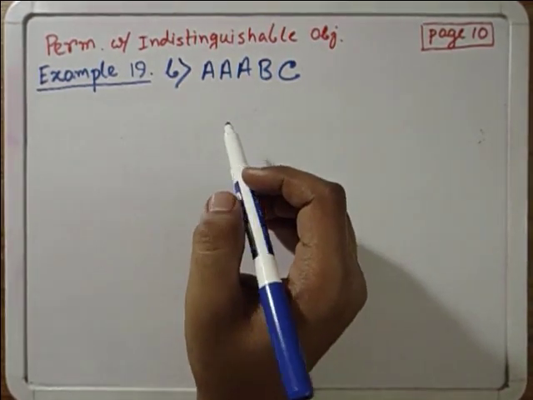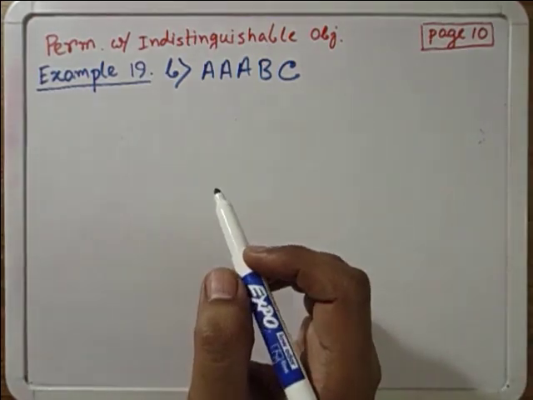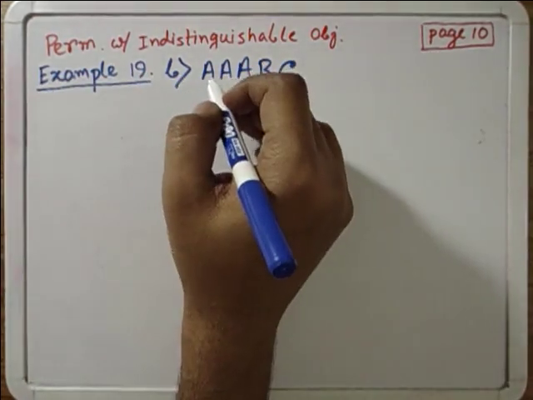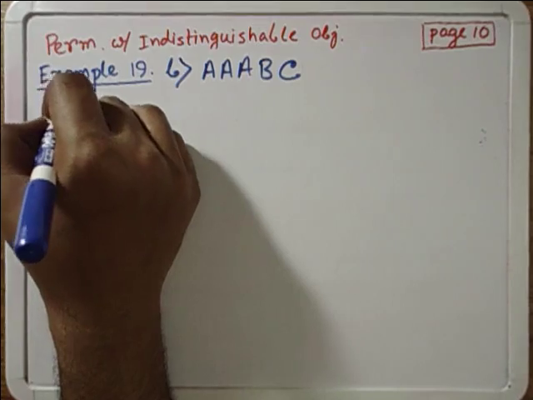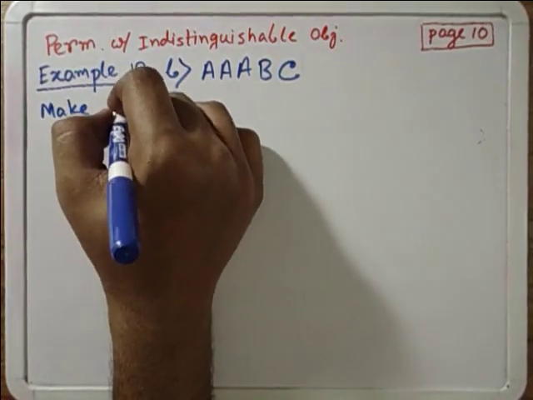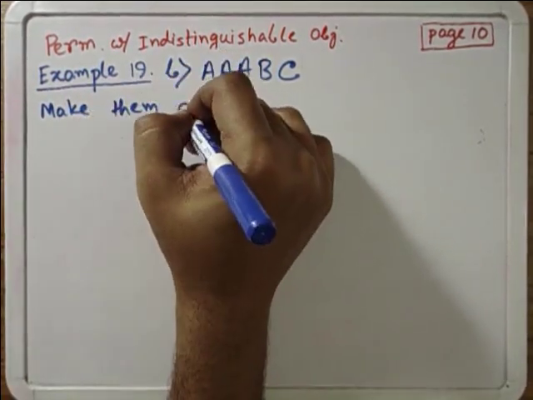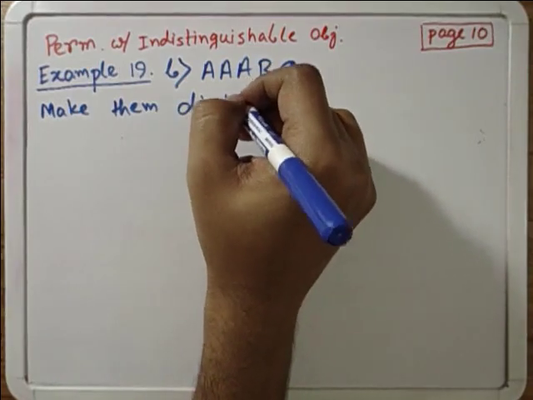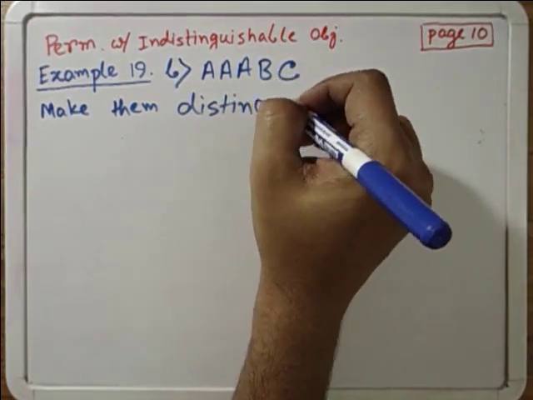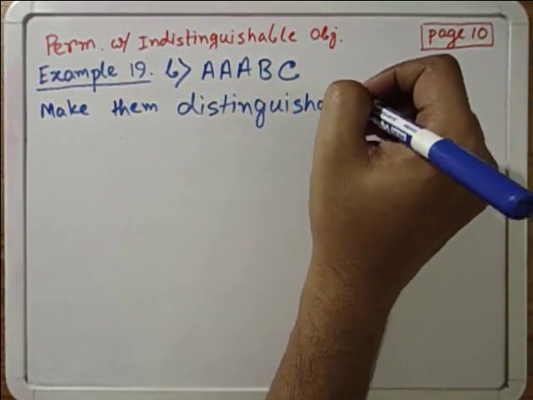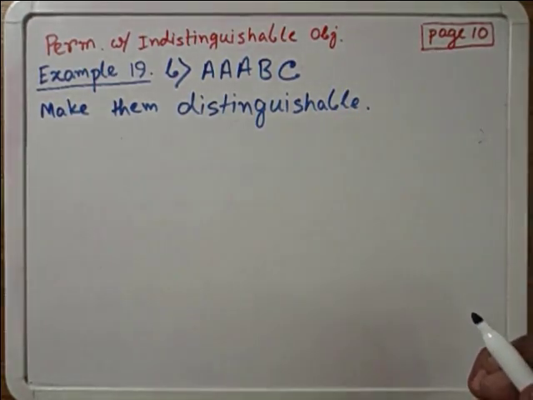For example, let's do it this way. We make them distinguishable. How do we do that?